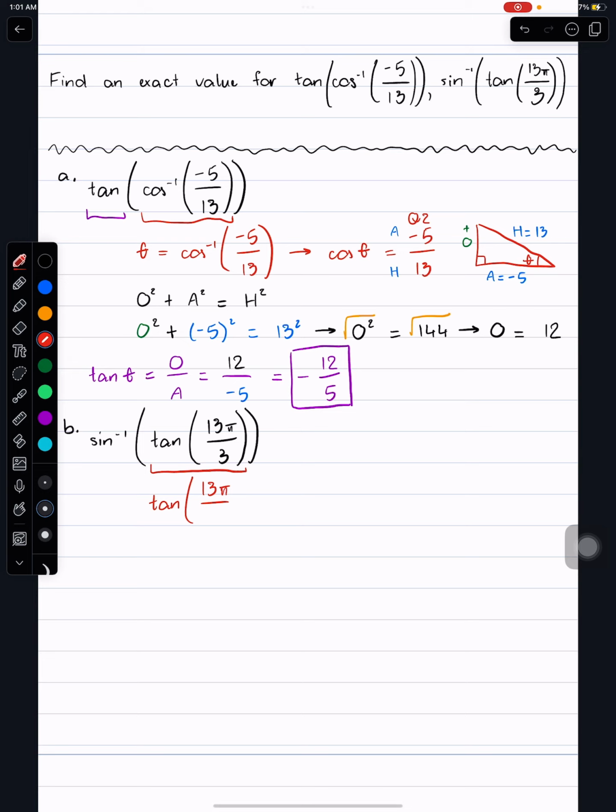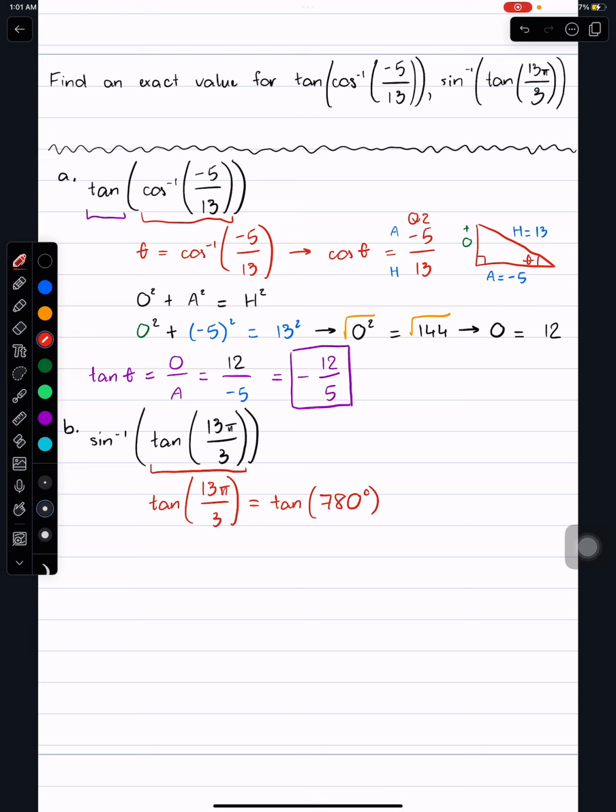If you want to, you can get an estimation of what this angle is in degrees. 13 pi over 3 equals 780 degrees. So definitely it's more than one circle.